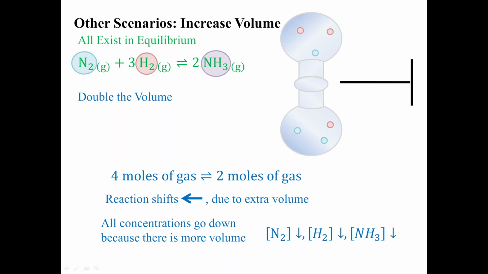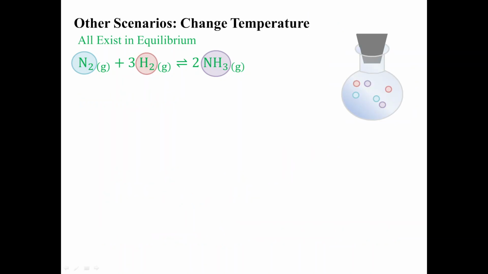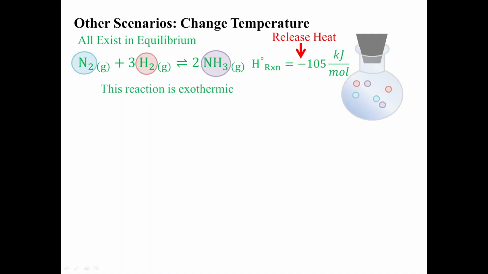All right, let's take a look at one more scenario. So we have our reaction here, and the enthalpy of this reaction is negative 105 kilojoules per mole. Now this negative sign means that we're releasing heat to the environment. So this is considered to be an exothermic reaction.